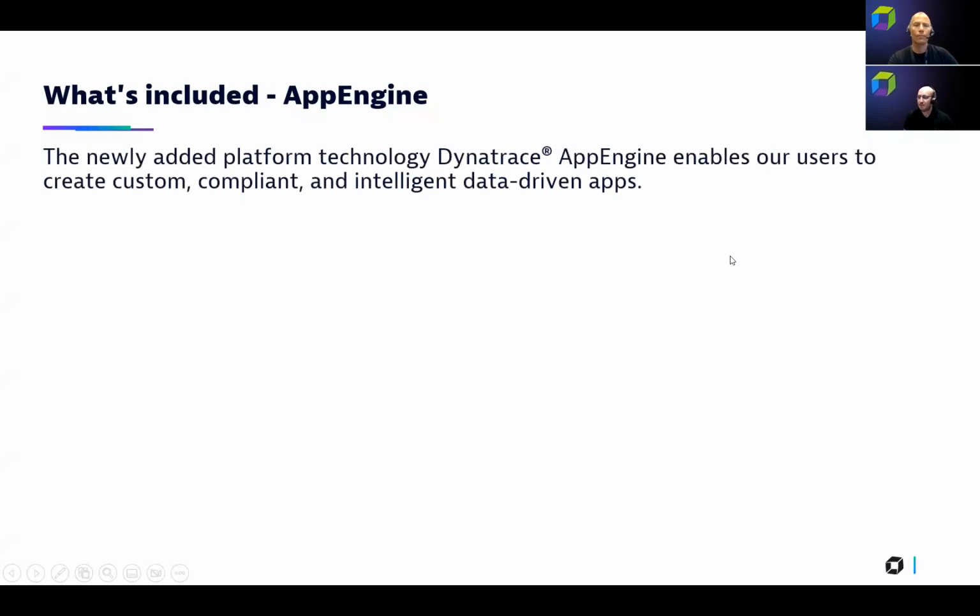So now in our new platform technology, we have our Dynatrace AppEngine, which allows you to create custom, compliant, intelligent, data-driven applications. Okay, so we have several applications which we will talk about on today's call, like dashboards, notebooks, workflows, and many other apps. They all run on AppEngine.